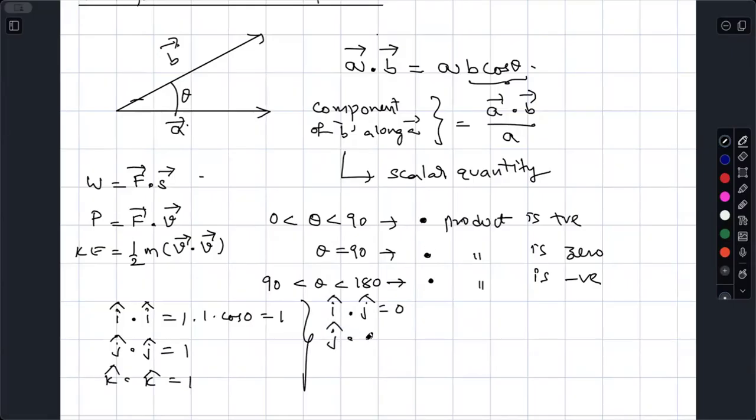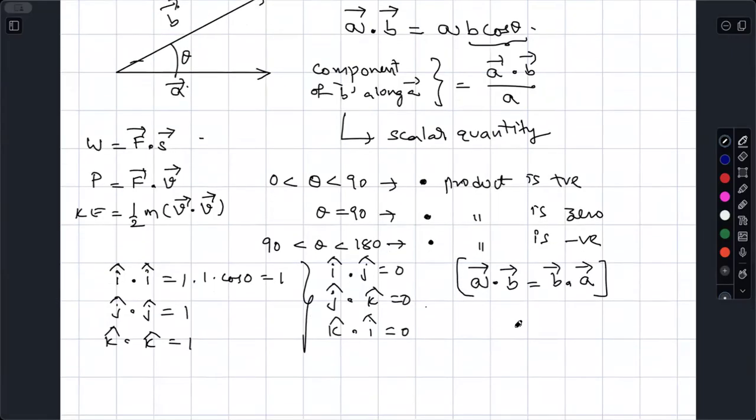Similarly, j cap dot k cap is 0. K cap dot I cap is 0. Also remember, A bar dot B bar is the same as B bar dot A bar. There is no difference. It obeys the commutative rule. It is the same quantity.